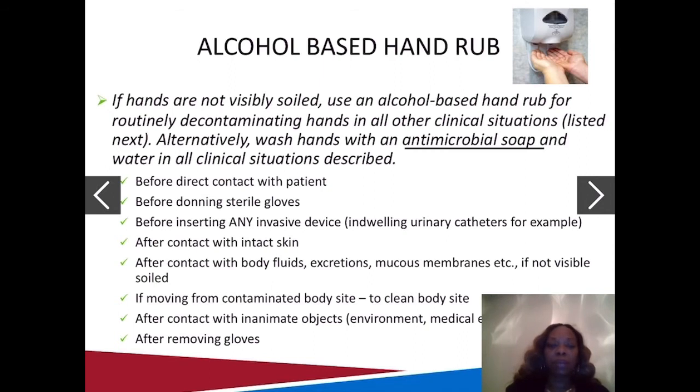If hands are not visibly soiled, you can use an alcohol-based hand rub for routinely decontaminating your hands in all other clinical situations. So you want to use your alcohol-based hand rub before direct contact with the patient, before donning sterile gloves, before inserting any invasive devices, after contact with intact skin, after contact with body fluids, excretions, or mucous membrane.